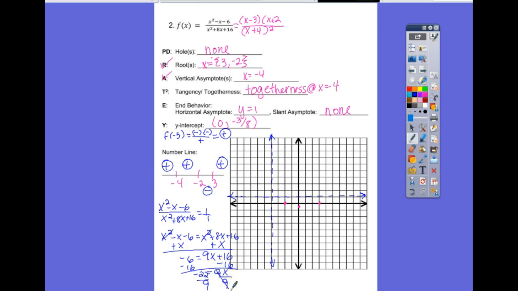So I got -22/9. Did anybody else get that? Okay. So what this tells me is that it is going to cross.